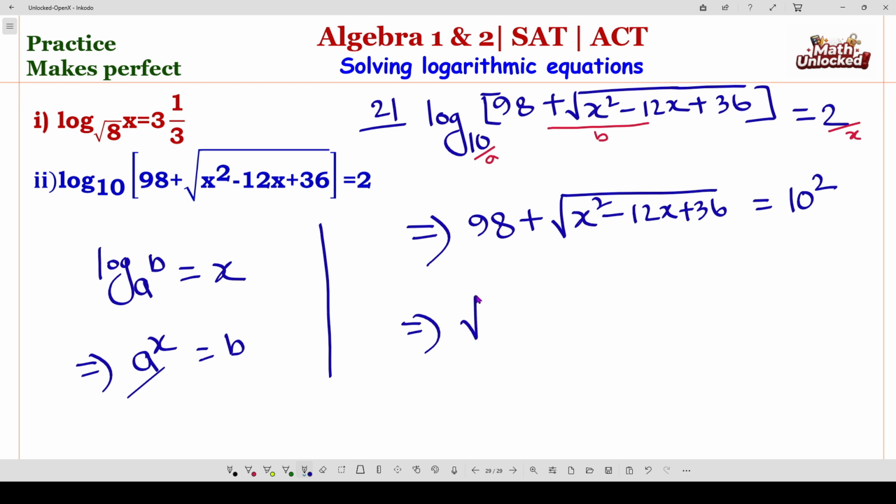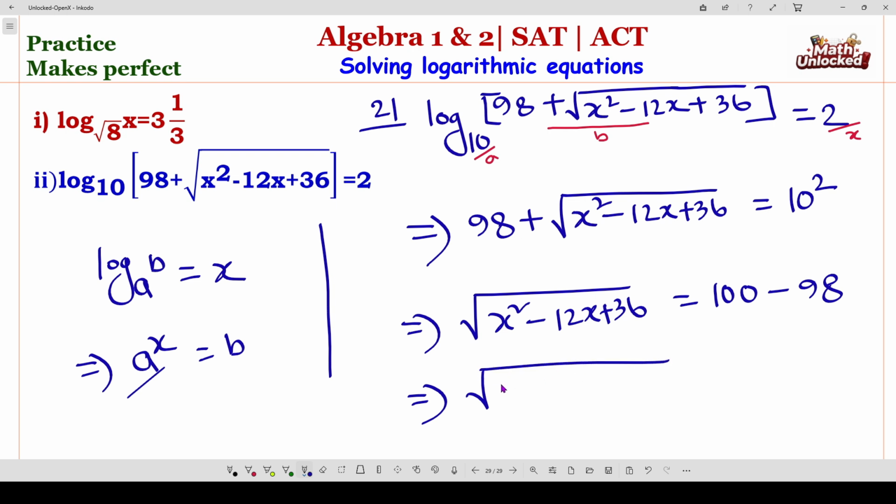So here root x square minus 12x plus 36 equals 10 square, which is 100, and both sides if we subtract 98, now here root x square minus 12x plus 36 equals 2.